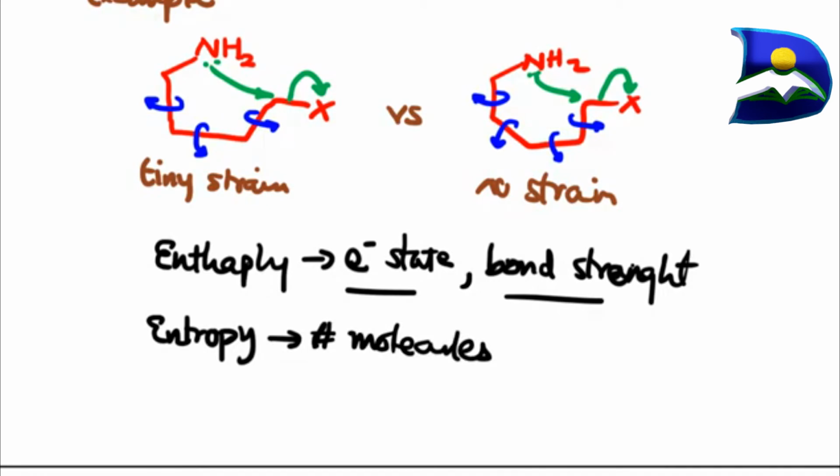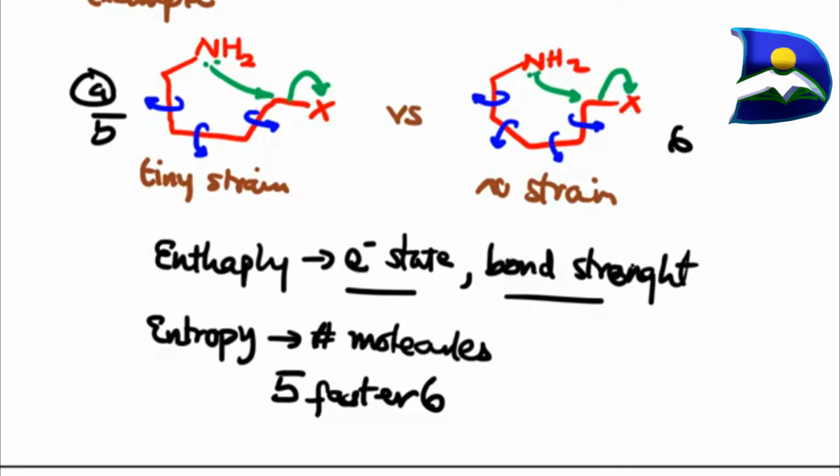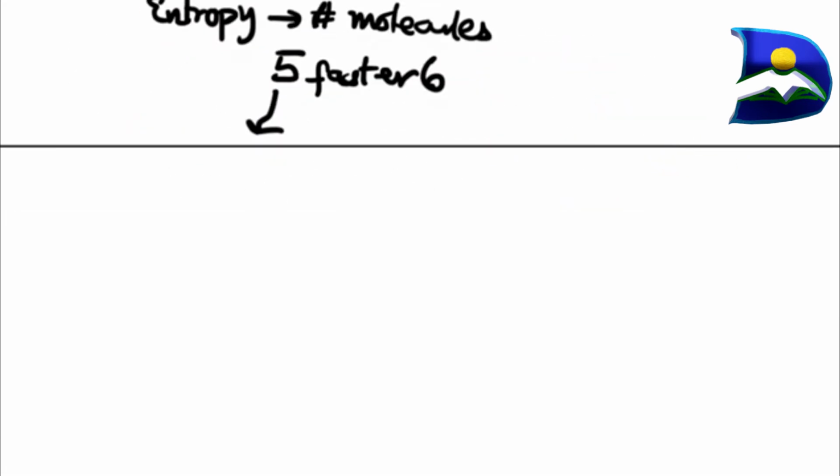And in this case here, we notice that 5, for A, we'll consider A to be 5, is faster than 6-membered rings. The reason is that for 5 there are 3 dihedral bonds that will be involved in this reaction for it to be facilitated.